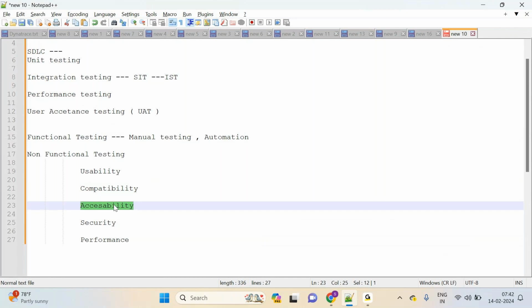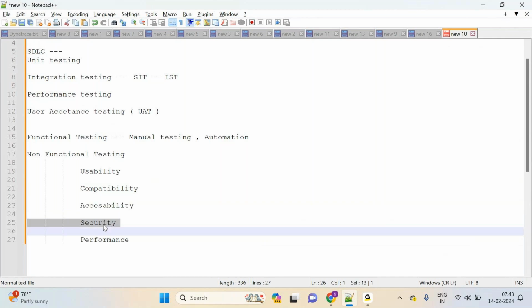Because a visually challenged person has to touch the keyboard and understand that it is the J button, and only then will they do their typing. So that is a simple example of accessibility. Accessibility is about what provisions we have in our application to let them use it.